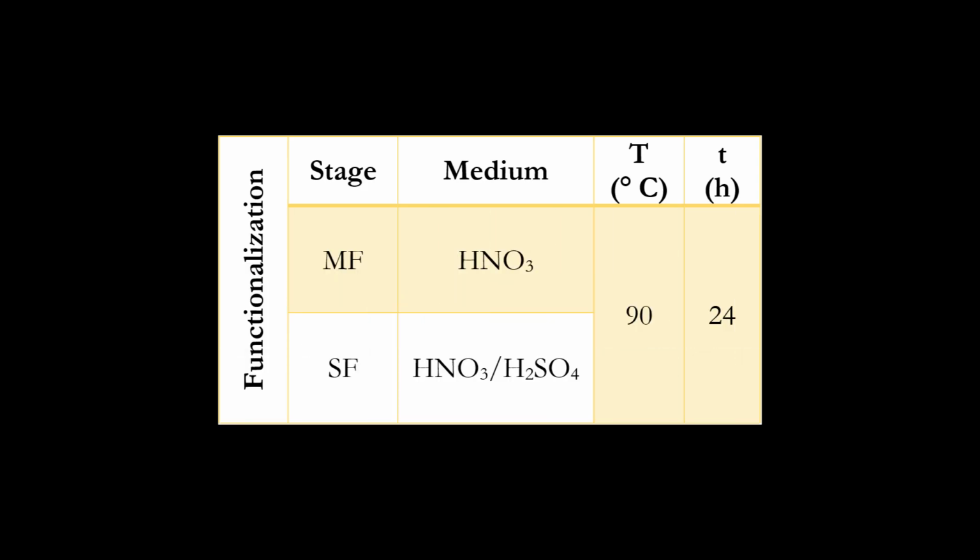Two means for functionalization of carbon nanotubes were investigated, called moderate functionalization (FM) using nitric acid solution and severe functionalization (FS) using a mixture of nitric acid and sulfuric acid. Both functionalizations were carried out at 90 degrees for 24 hours.